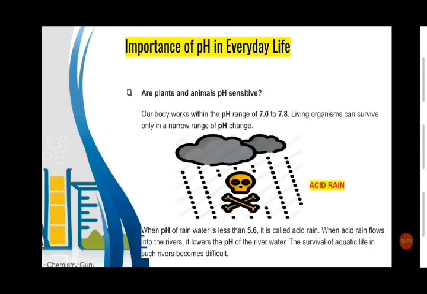Acid rain is when the pH of the rainwater is less than 5.6. Going less than 7 means it is acidic in nature, and going less than 5.6, it is called acid rain. When acid rain falls into the river, it lowers the pH of the river water itself. That means it is going to impact aquatic life.